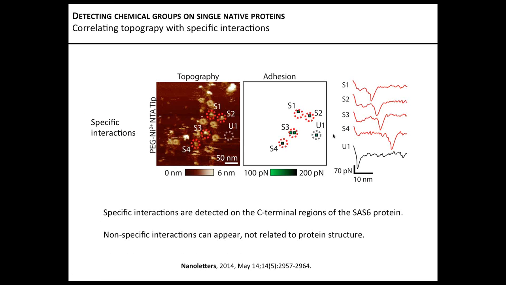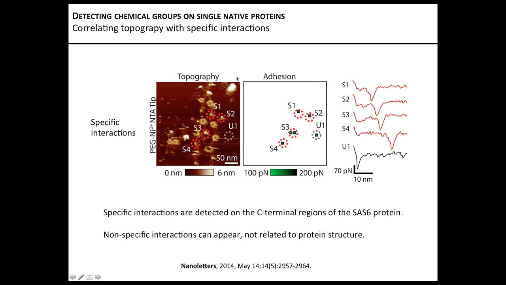So now we work with a nickel NTA functionalized tip. What you see at first is that the resolution drops a little bit. This is quite normal because you increase the tip apex due to the gold coating and the chemical modification.